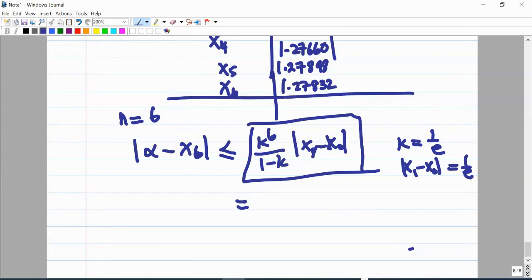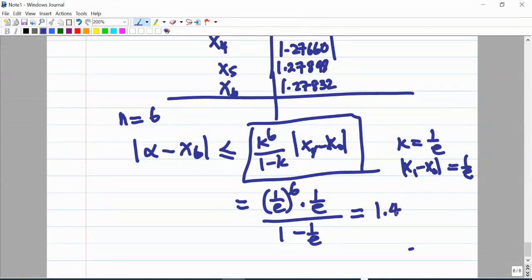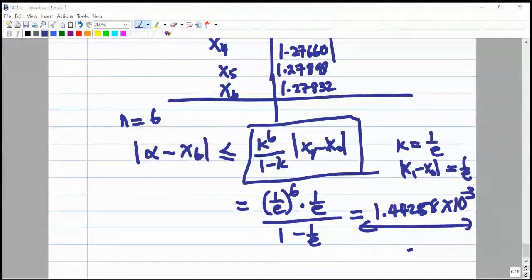So this would be equal to 1 over e to the power 6 times 1 over e, over 1 minus 1 over e. If you compute properly, you should get 1.44258 times 10 to the power minus 3. So this will be the error bound of approximation after 6 iterations.